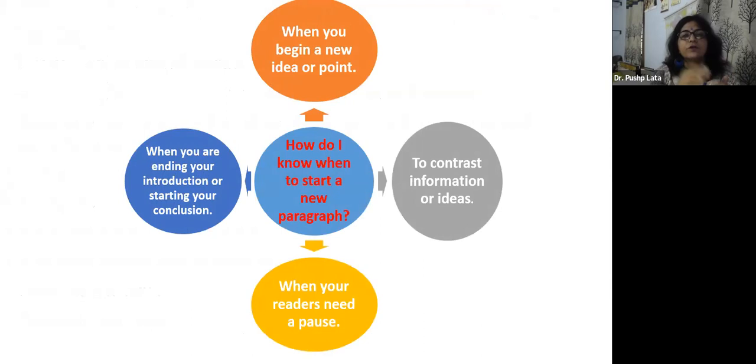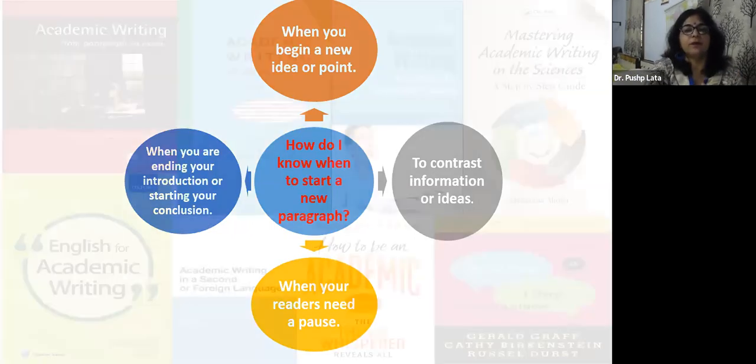When you want to contrast the information, you have said one aspect and you want to say something completely opposite to that, you can develop that in the second paragraph. When you are ending your introduction and starting your discussion part and then going to your conclusion, you can always change the paragraphs. So this is what you need to keep in mind when to change your paragraphs.